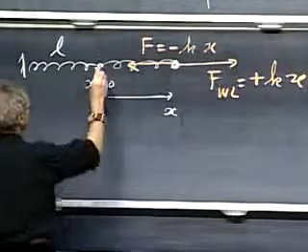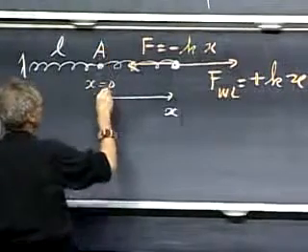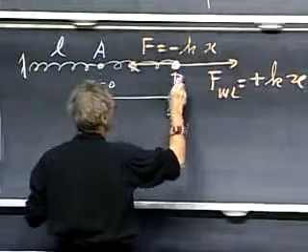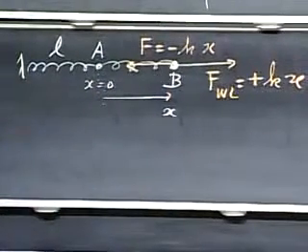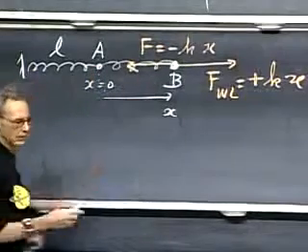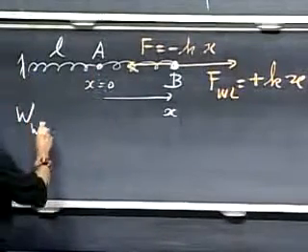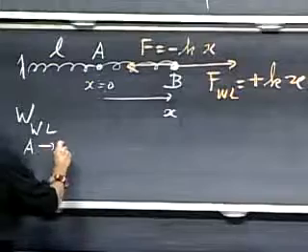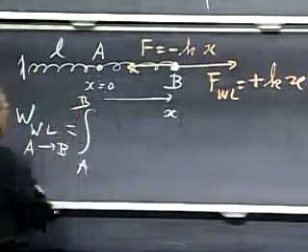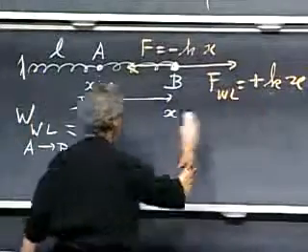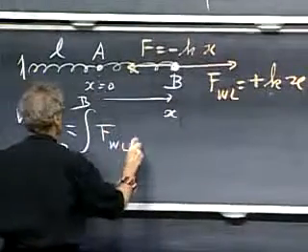If I call this point A at x equals 0, and I call this point B at x equals x, then I can calculate the work that I have to do to bring it from A to B. So the work that Walter Lewin has to do to bring it from A to B is the integral going from A to B of my force dx.